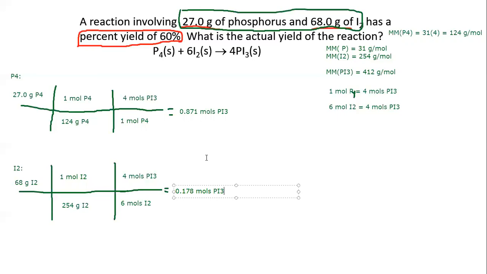So now we get the moles produced by each reactant. We notice here that iodine produces the fewer moles of product. So iodine in this case is our limiting reagent.